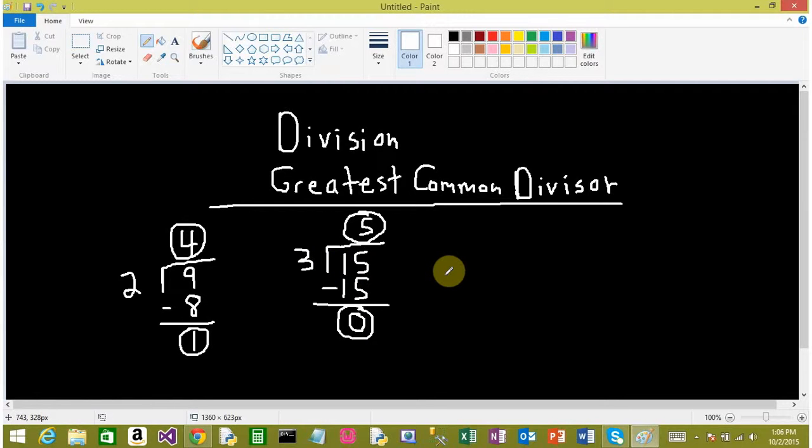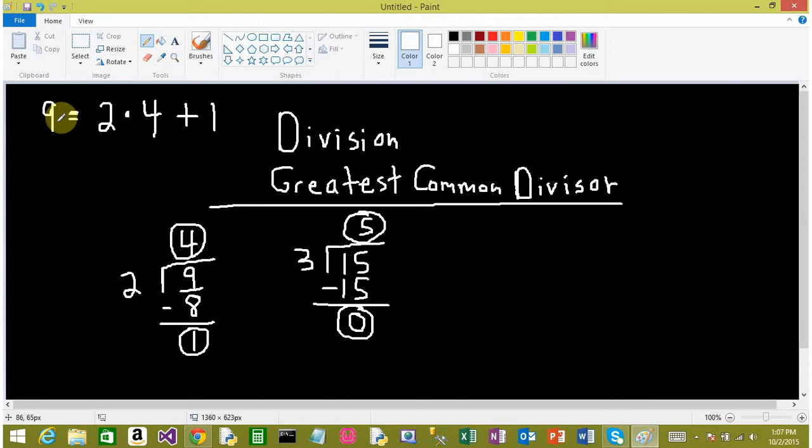So looking at these two examples, we can write an equation to express this. We can say that the dividend, which is 9, is equal to our divisor, which is 2, times the quotient, which is 4, plus 1.